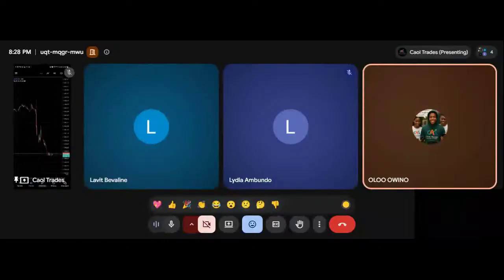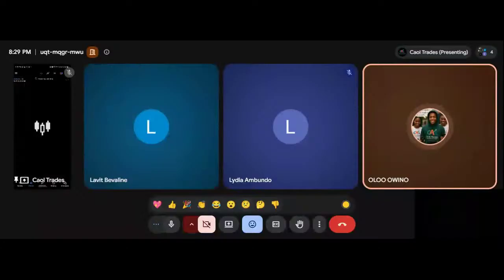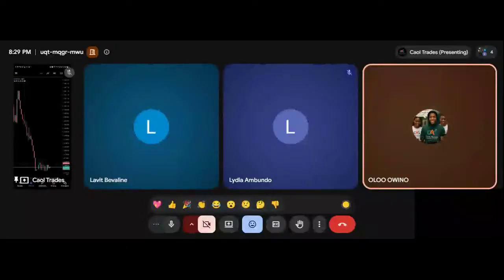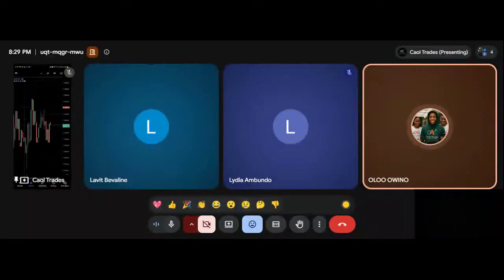Now, how do you customize this? I want to change the view. I want to go to the 30-minute time frame. You just tap and choose your time frame: 1 day, 4 hour, 1 hour, 30 minutes, 15 minutes, 5 minutes, 1 minute, depending on the time frame you're trading.